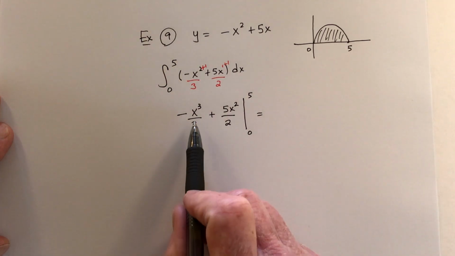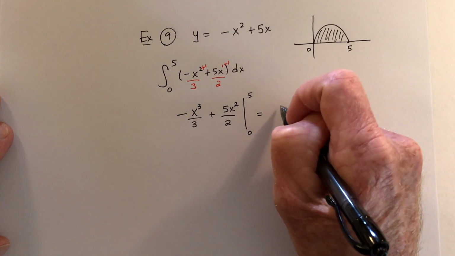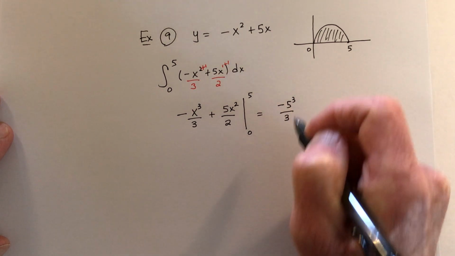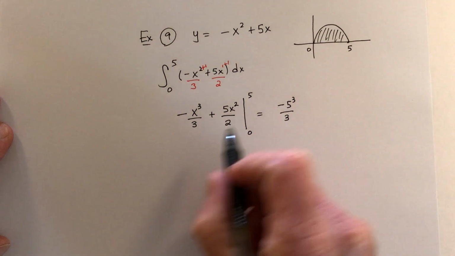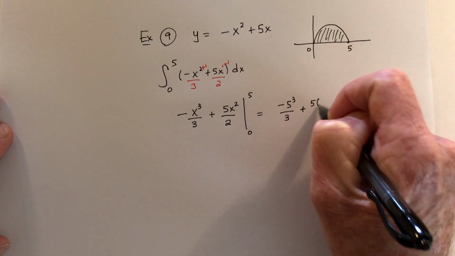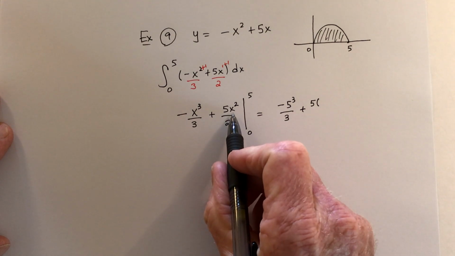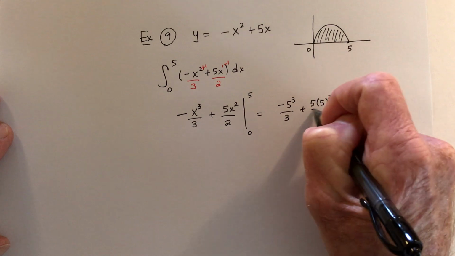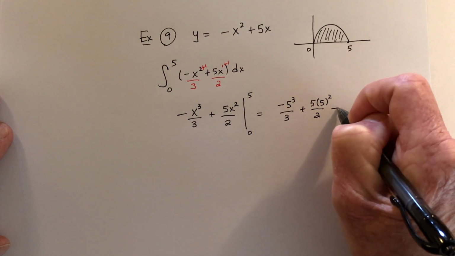So when you substitute the 5, first of all, this is going to be negative 5 cubed over 3. And then this is going to be plus 5, and then substitute a 5 in here, so that's going to say 5 squared over 2, and then minus.